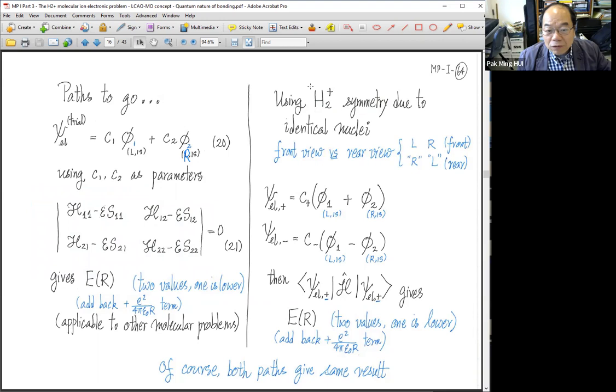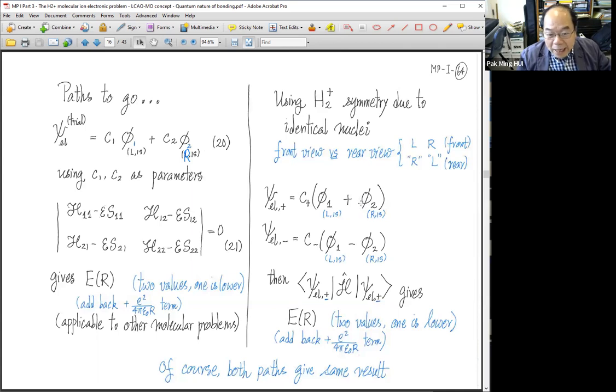Now I make use of the symmetry argument, and I know because of the symmetry about the midpoint, the coefficients' absolute values should be the same, just like my 1D well problem.